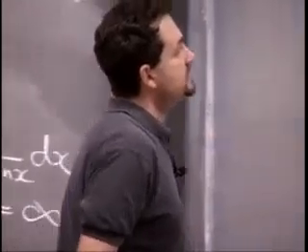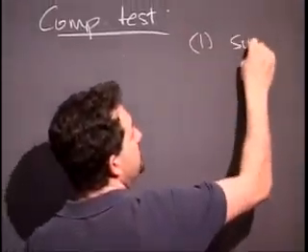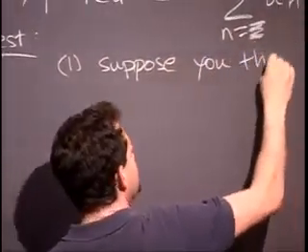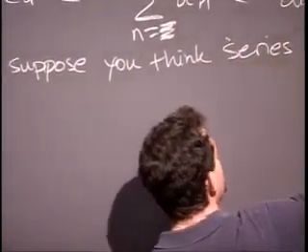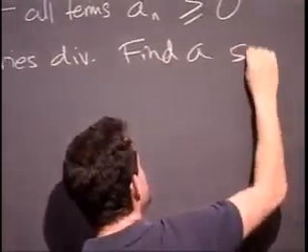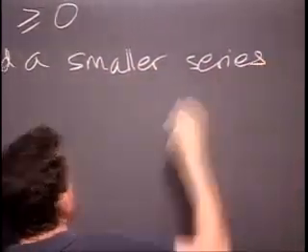Here's what the comparison test says. Okay, so there's 2 versions. Suppose you think the series diverges. The original series you have diverges. Find a bigger series. No, I keep getting this the wrong way around. Find a smaller series which also diverges.